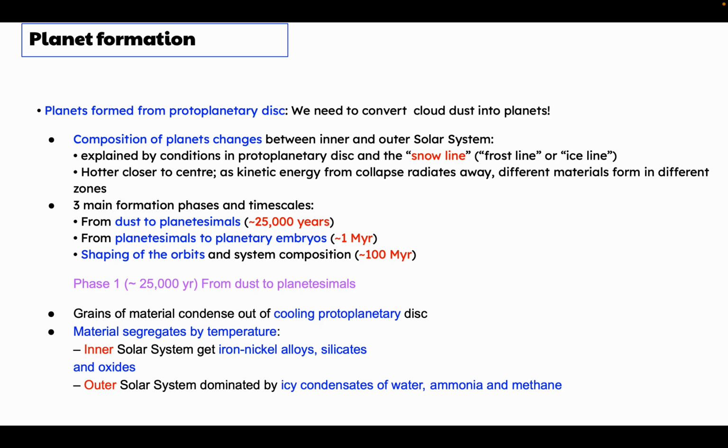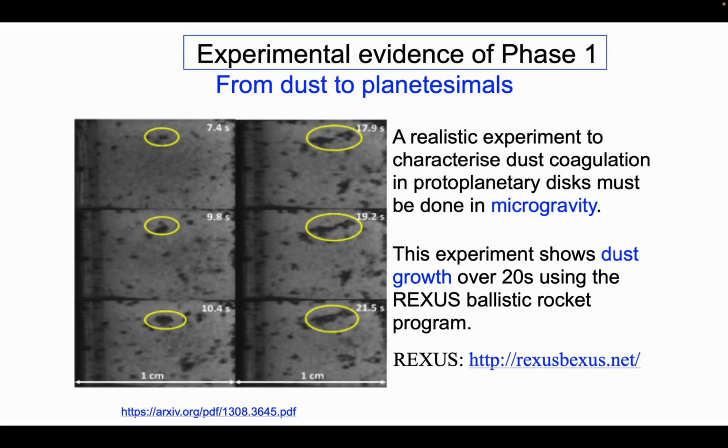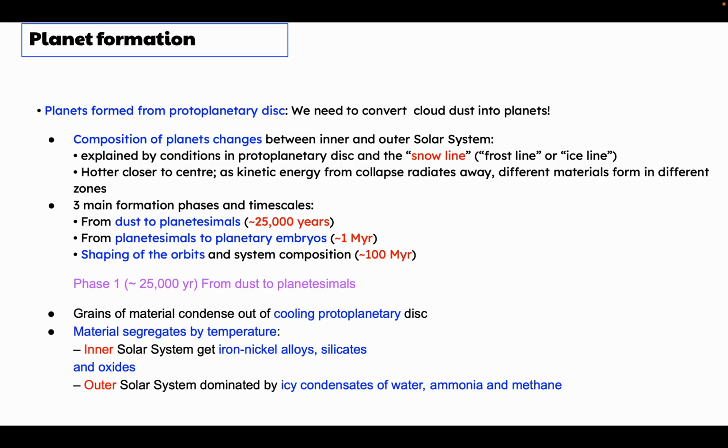So before going to the planets' formation, we should recap what we learned. It is believed that as the kinetic energy from the collapse radiates away, different materials form in different zones, and the composition of the planets changes from the inner to the outer solar system.